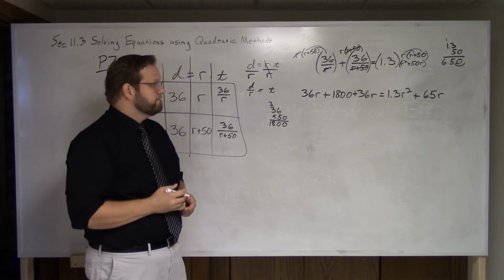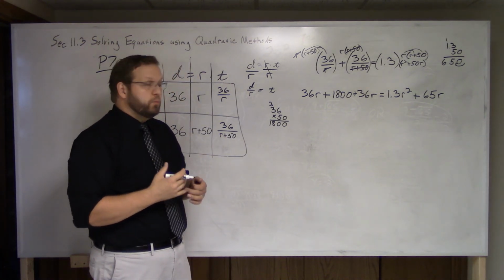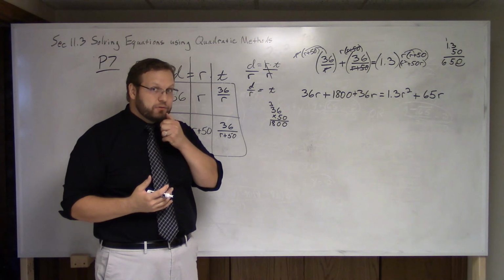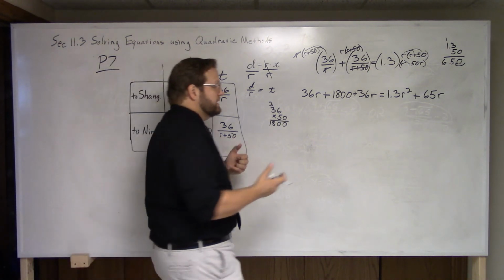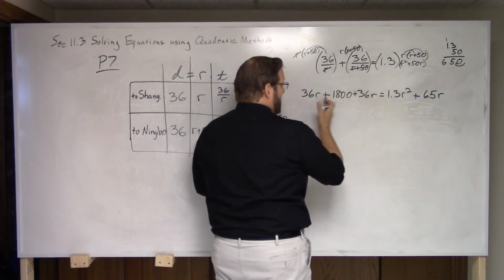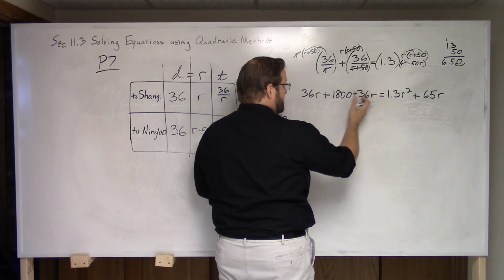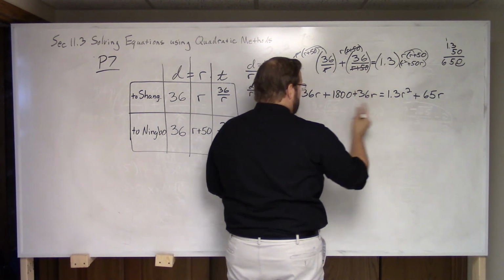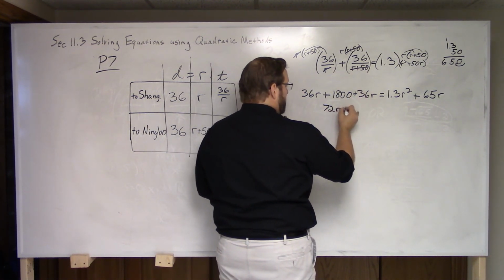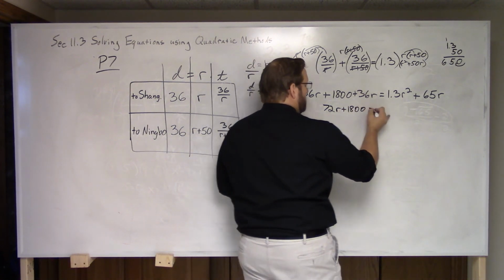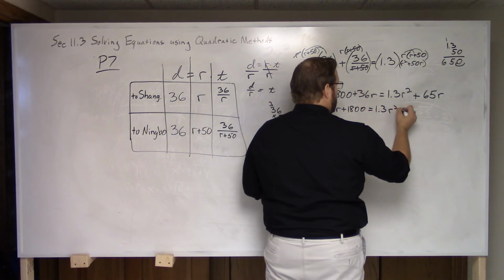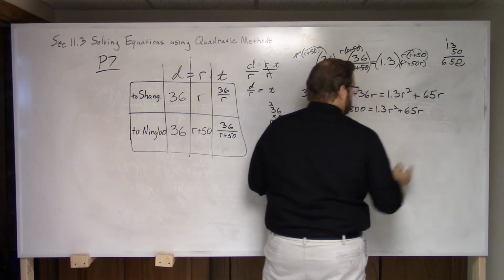Okay? Now, we have a quadratic, so we want to get a 0 on one side. So since this is positive here already, I am going to get this stuff over here. First, we can say 72r plus 1800 equals 1.3r squared plus 65r.